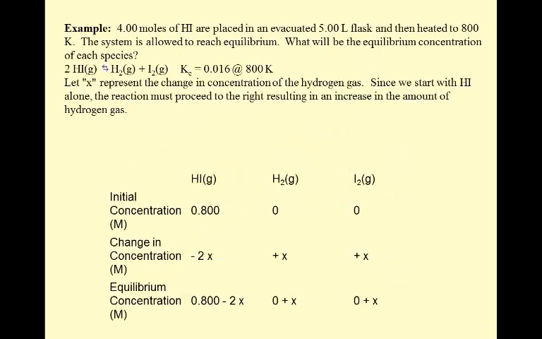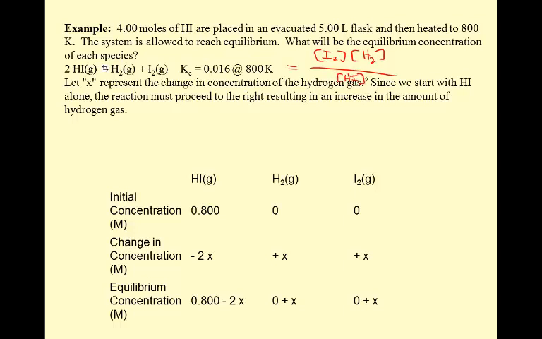Okay? All right, another example. What if we had 4 moles of hydrogen iodide and we put them in a container that's 5 liters big, and then we heat it to 800 Kelvin? It goes to equilibrium. What will the equilibrium concentration of each species be? Let's start by writing that Kc equals 0.016, but Kc also equals the concentration of iodine, no coefficient, concentration of hydrogen over the concentration of HI squared.